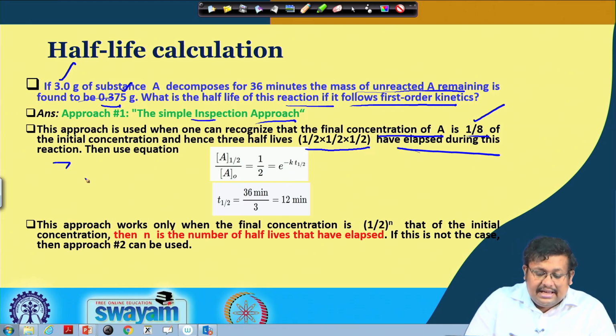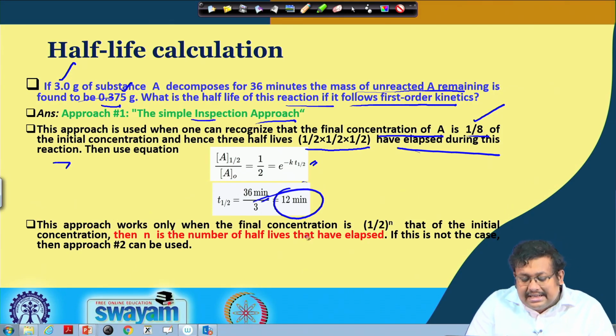So, if we consider this equation, which is the equation of half life for the first order reaction, and simplify it, the 36 minutes it took for undergoing 3 cycles of half life. So, if we divide it by 3, we will get 12 minutes. This approach only works when the final concentration is 1/2 to the power n.